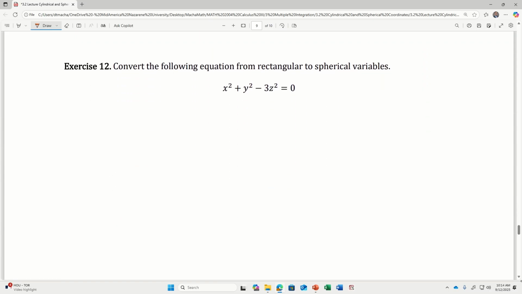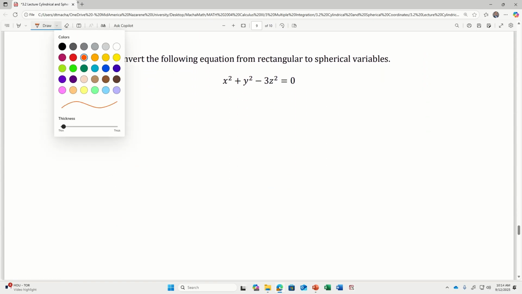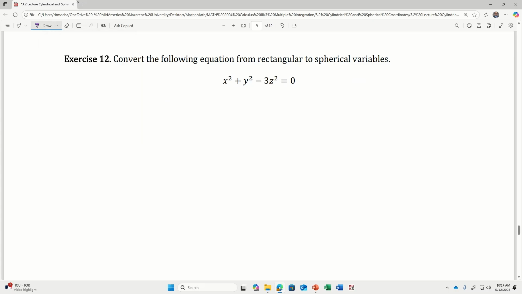All right. Now we've got more equations. We're no longer doing coordinate triplets, we're doing equations. And this time I want to convert from rectangular to spherical. My equation has x squared plus y squared minus 3z squared equals 0. I want to get rid of all the x's, y's, and z's and replace them with rhos and thetas and phis. So let me just go ahead and write down a few things.